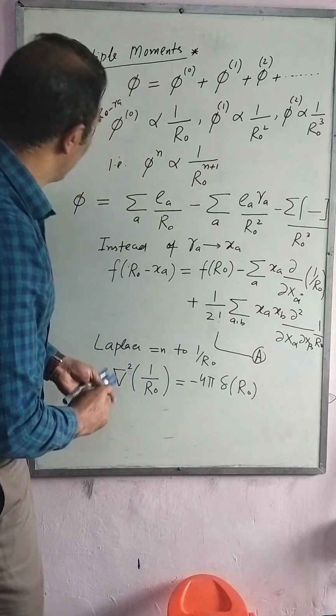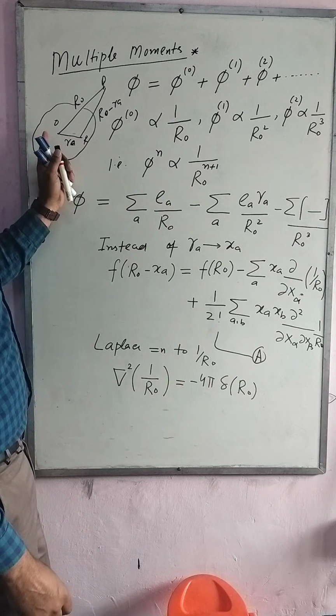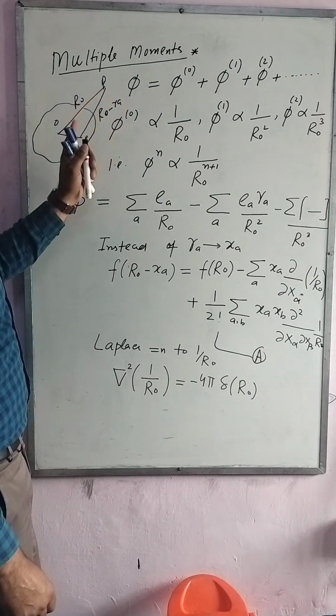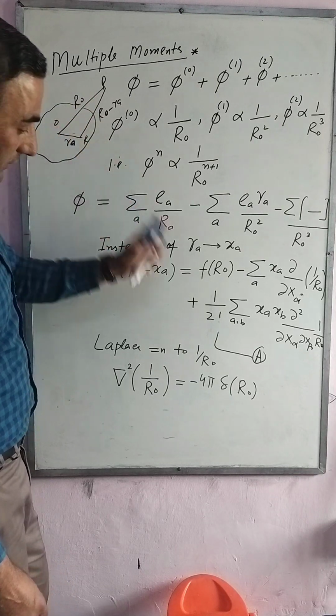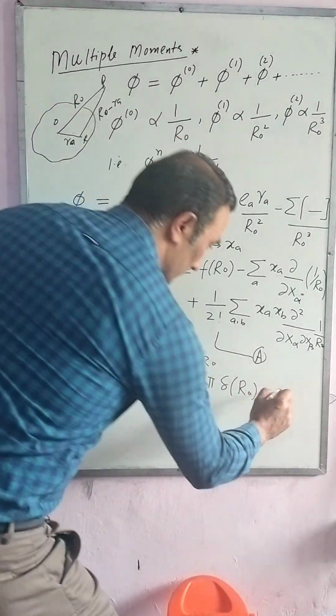This r naught, if you remember, is the position of the point which is at a distance of r naught from this origin, right? So this cannot be equal to 0, right? So r naught is non-zero.